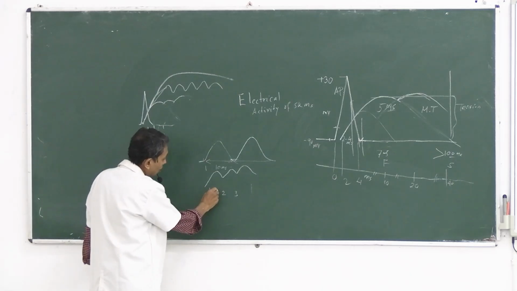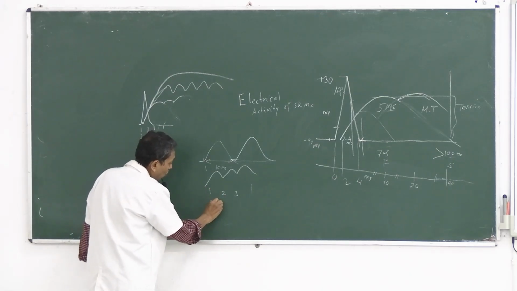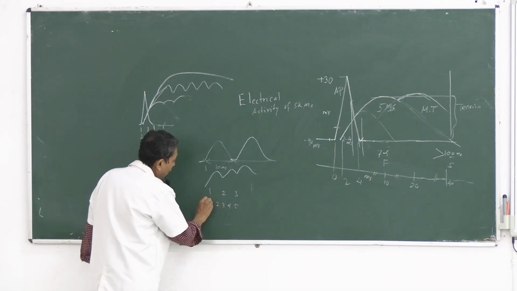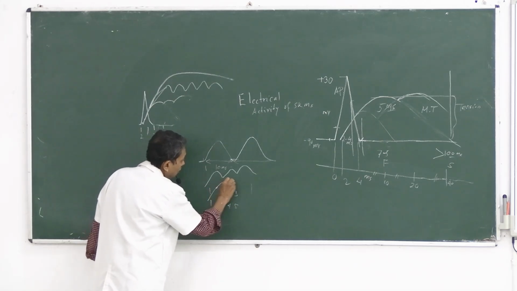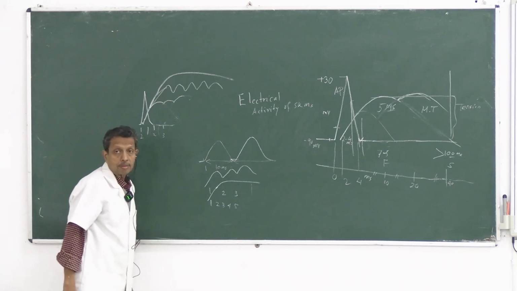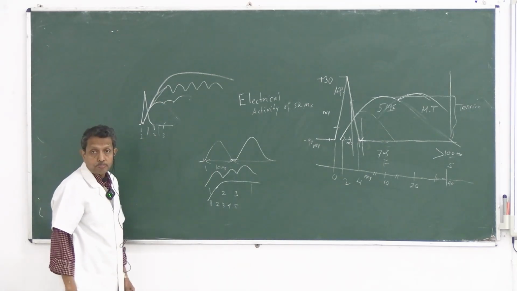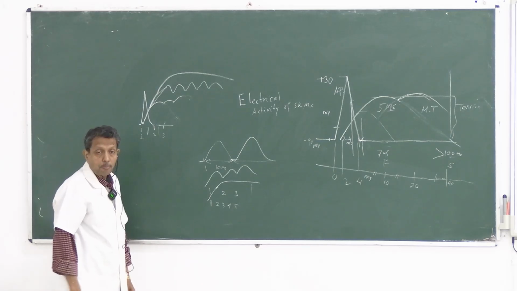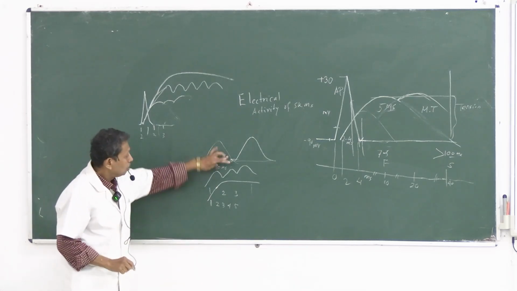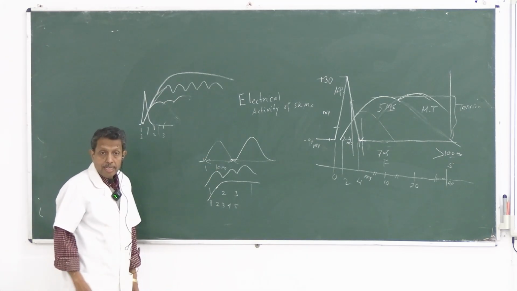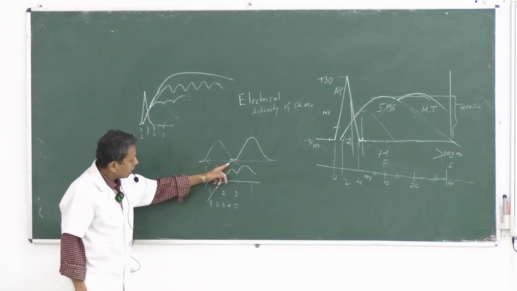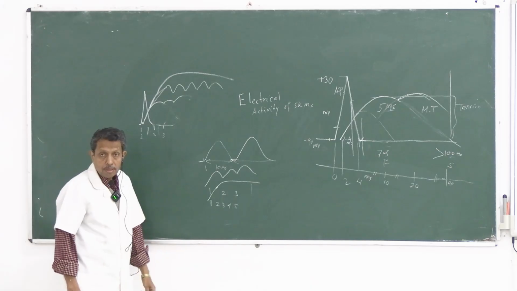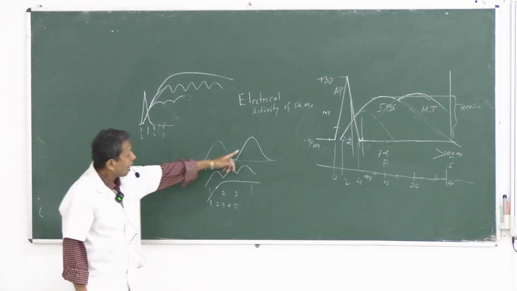And if the frequency is more, 1, 2, 3, 4, in this way, you will find this type of curve. It is the complete tetanus. Suppose the twitch is 10 millisecond. If another impulse comes after the expiry of the 10 millisecond, you get another curve, but its height is taller.